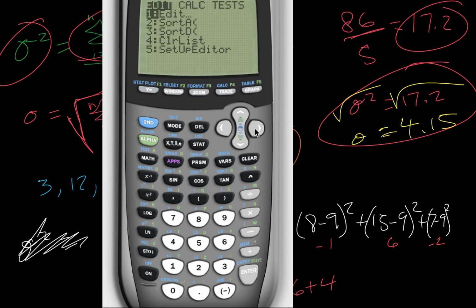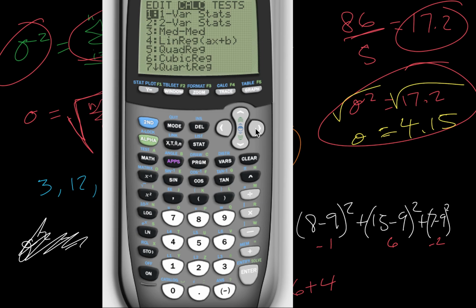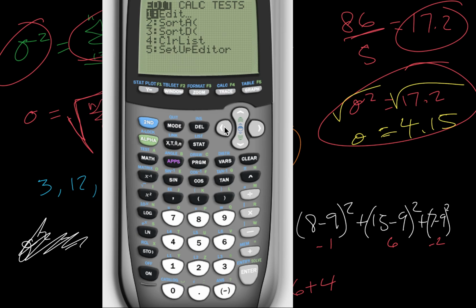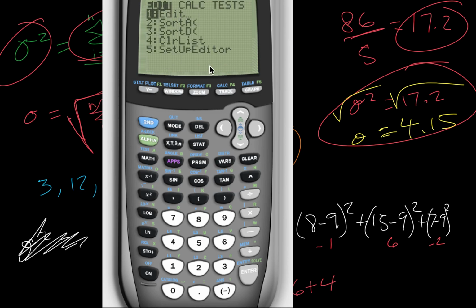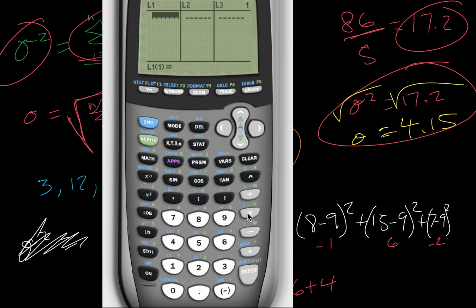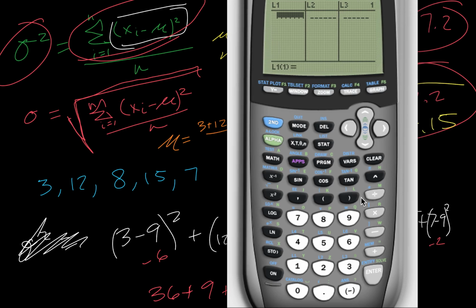Okay, so we want to calculate a one variable stat, but before we do that, we have to edit a table. So we hit the stat button, then we go to edit, so we can just hit 1 or enter because we're highlighted there. Then we just enter our data points, so they're written in blue right there. So 3, enter, 12, 8, 15, and 7. Okay, we can quit, and that was stored in L1.